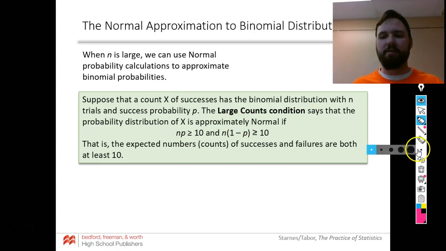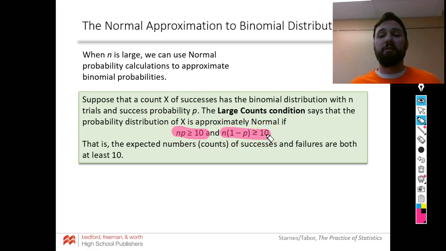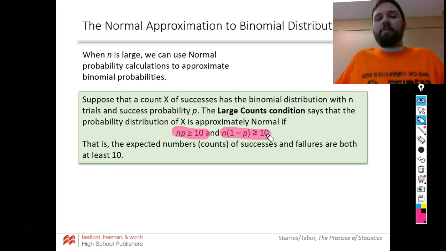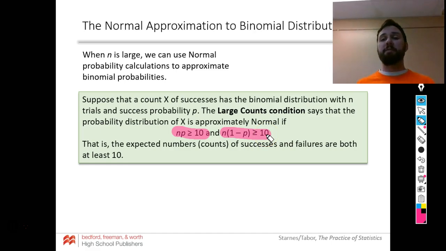One second, I'm using my mouse. If n times p is greater than 10 and n times 1 minus p is greater than 10, then we pass the law of large counts and we'll be approximately normal. Alright? So we can use normality if our law of large counts works. Okay?